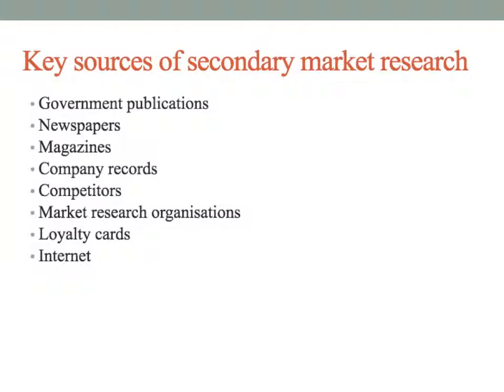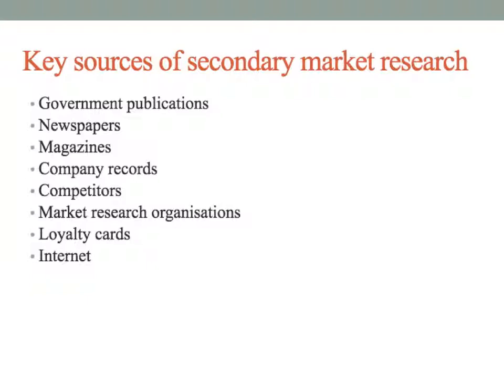Particular industries often find that they're talked about in newspapers, so the Times or the Guardian, some of the broadsheets. They'll have articles that look at specific markets. Magazines, so we've got The Economist, Media Week, or The Grocer, particularly important for businesses that operate in that industry.